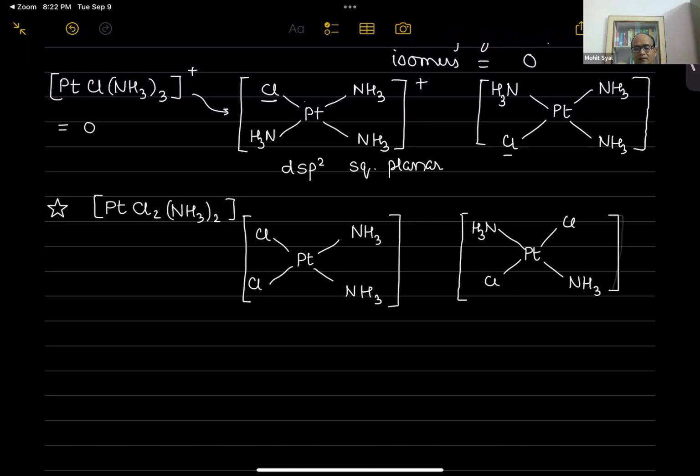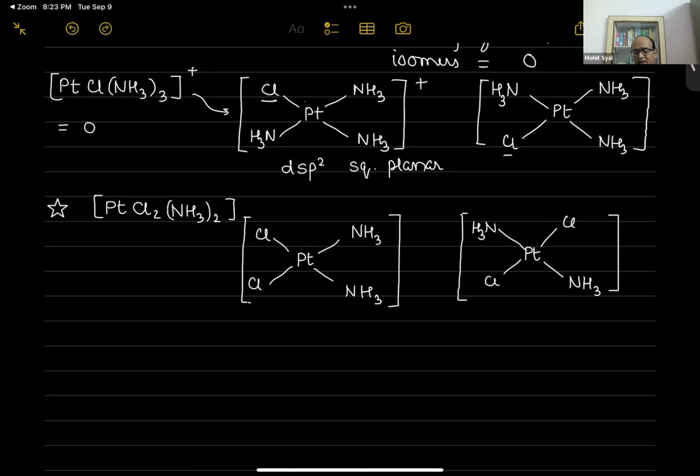Aisha, Marwa, Jesslyn, tell me quickly. Is it clear or not? Yes, sir. If you try to cover platinum with your hand, you can see that both the Cl are on the same side. And in the other, if you look at the platinum, the Cl are across the platinum at 180 degrees.